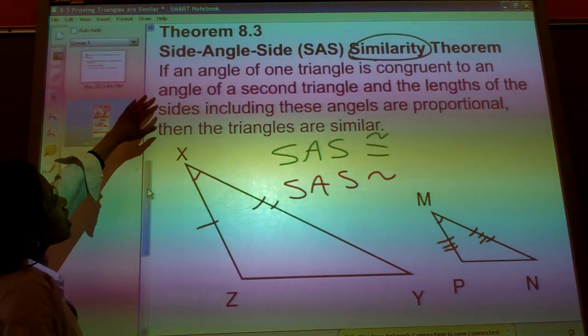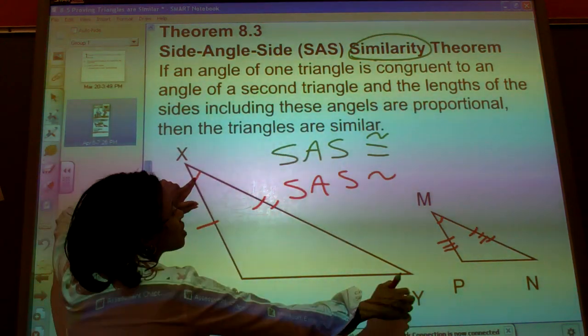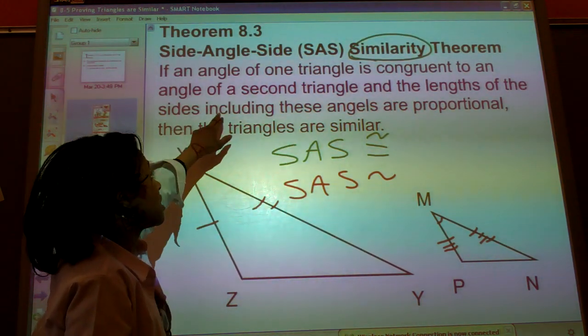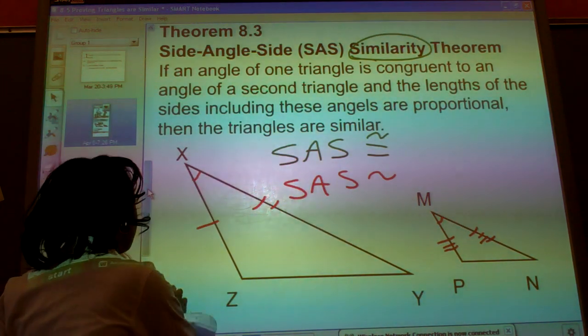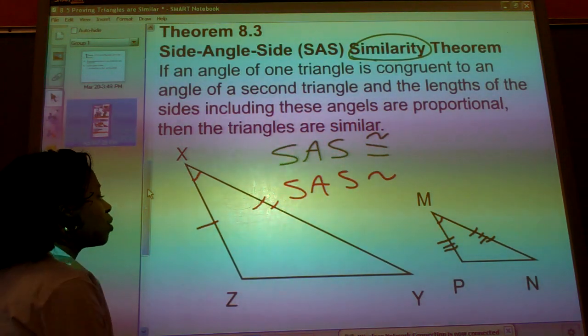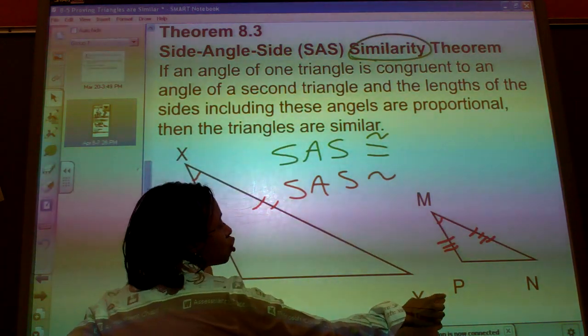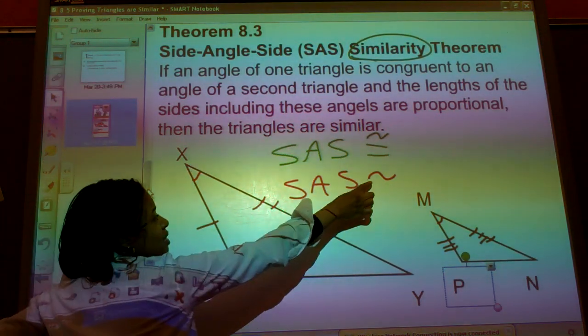Alright? Side angle side. If an angle of one triangle is congruent to an angle on the second triangle, and the lengths of the sides, including these angles, are proportional, then the triangles are similar. What does that mean? I'm saying that ZX is proportional to PM on side angle side similarity.